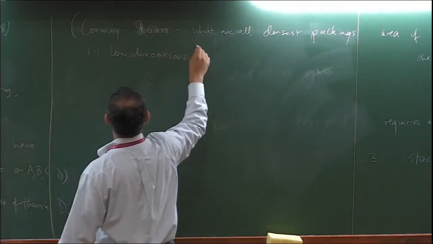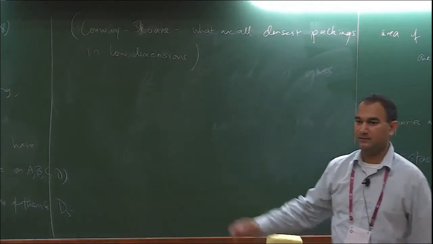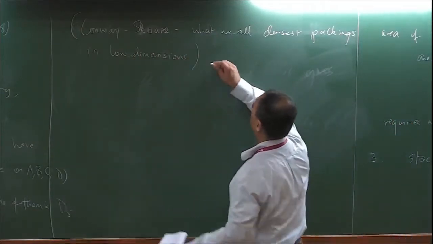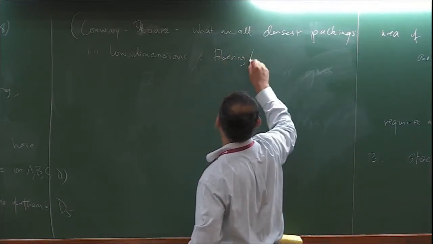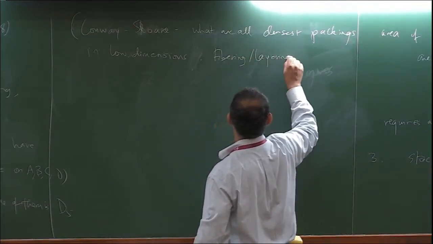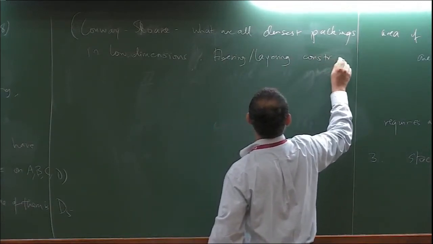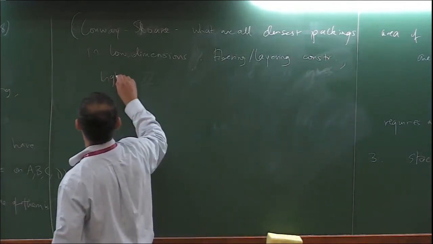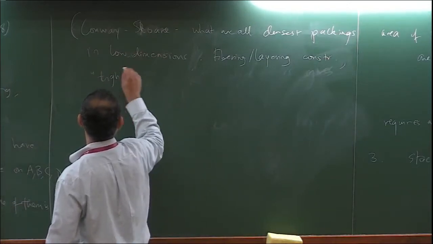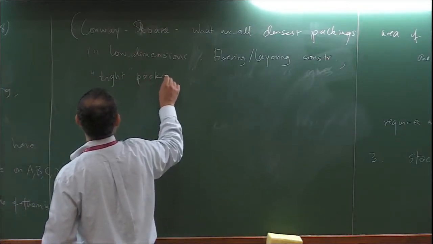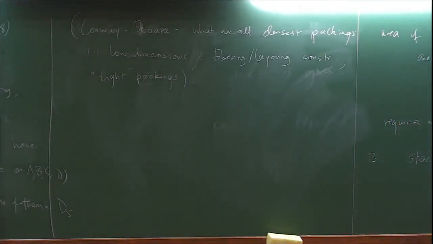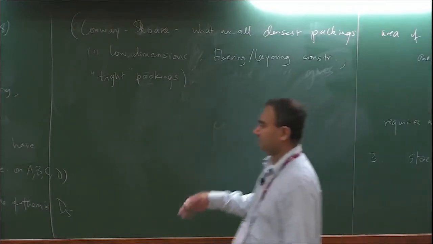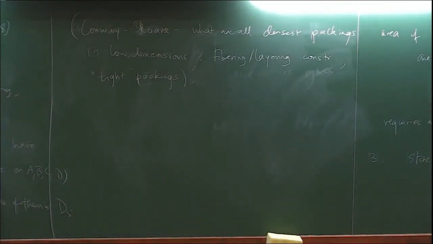And they talk about this fibering or layering construction, and they call these things tight packings. And up to dimension 7 or so, these are expected to be the best possible you can get. So they make some conjectures about these things.